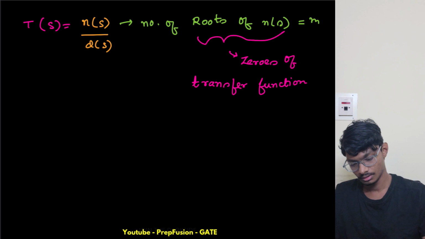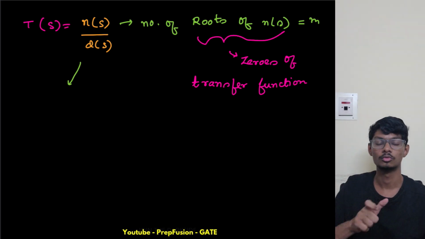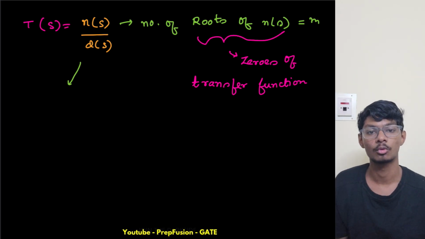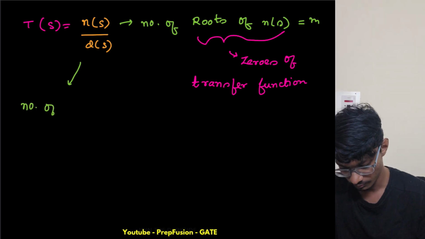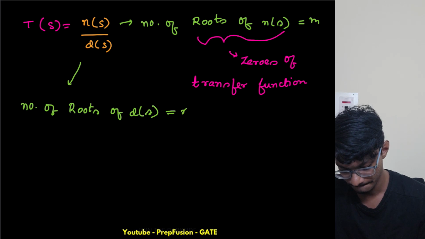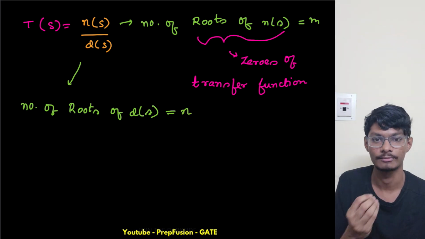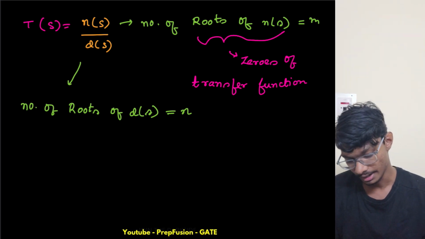And for D(s), the roots of the denominator are known as the poles of the transfer function. So again, the number of roots of D(s) is equal to, let me name this as n. This is just a name, okay, nothing like there's some relation or something. This is just a name.